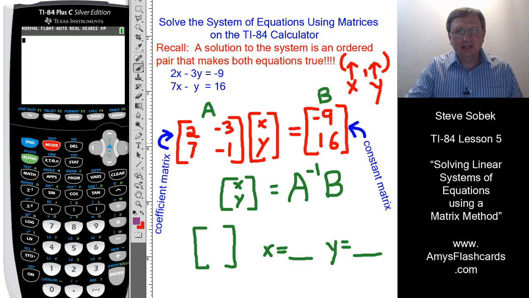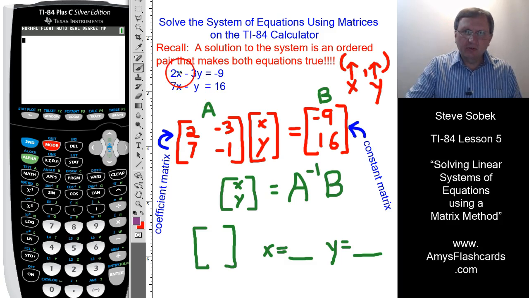Now, the best timing for watching this video is after you've already solved systems of equations using the other methods. Remember, to solve a system means to find the ordered pair, a value for x and a value for y, that make both equations true simultaneously.